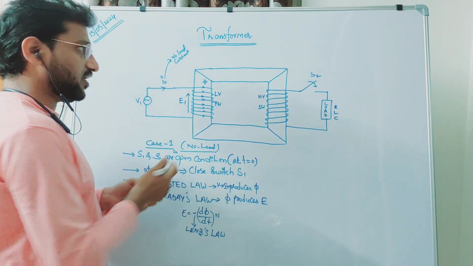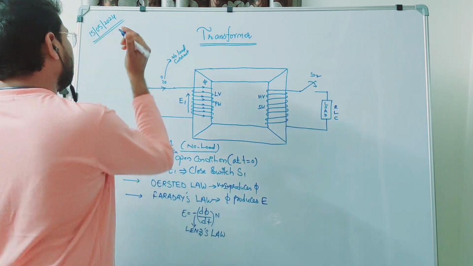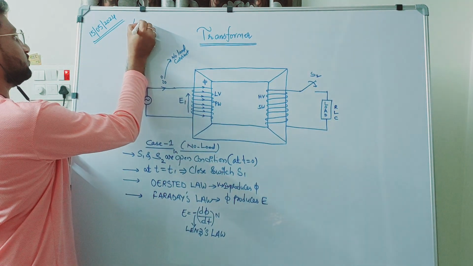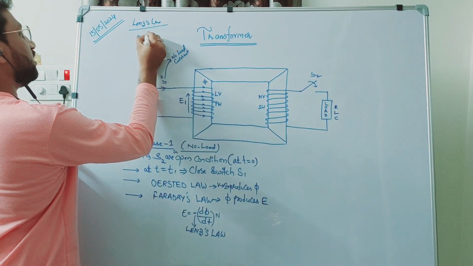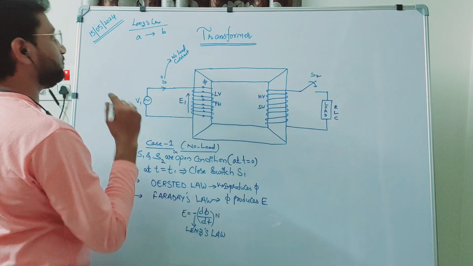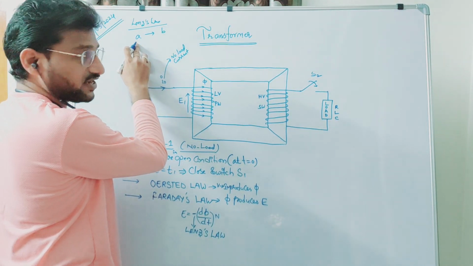Lenz's law means, suppose B is produced because of A. Just take an example.